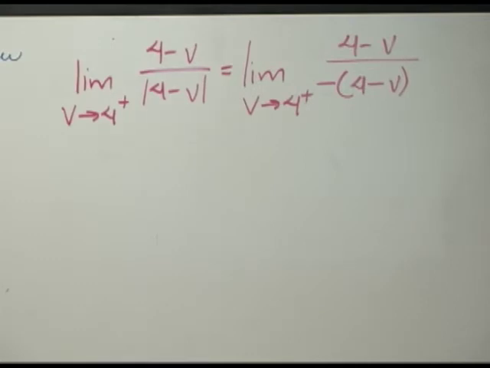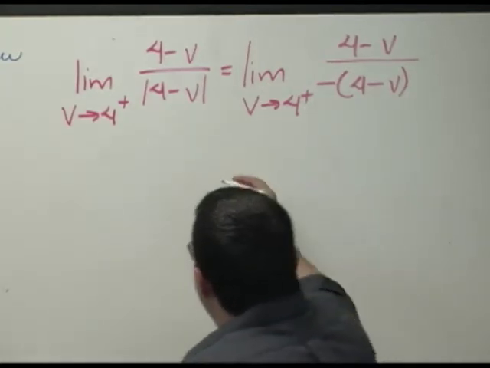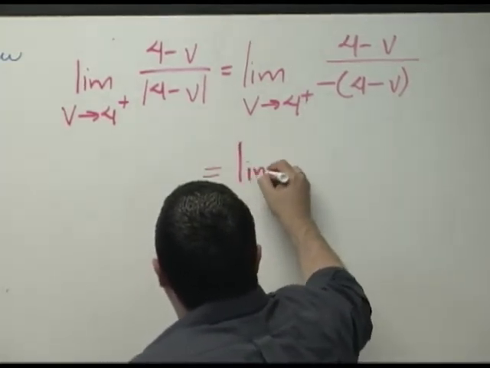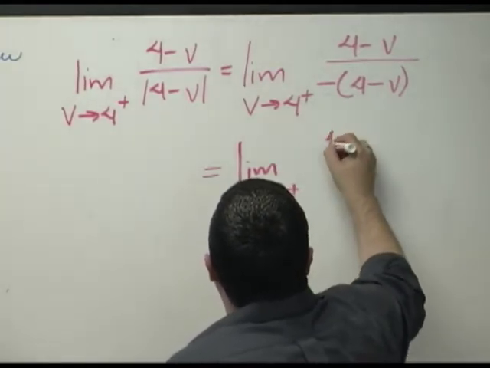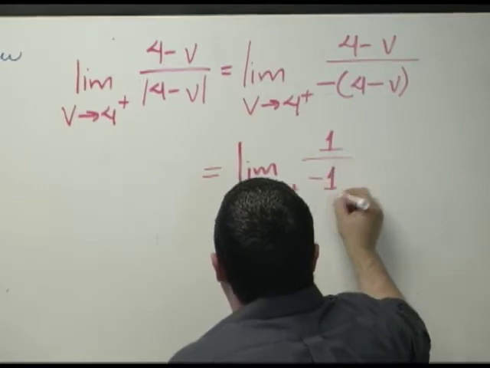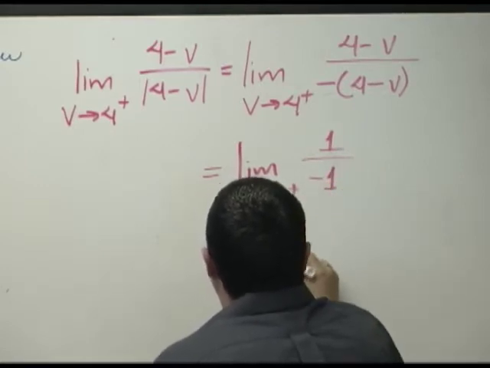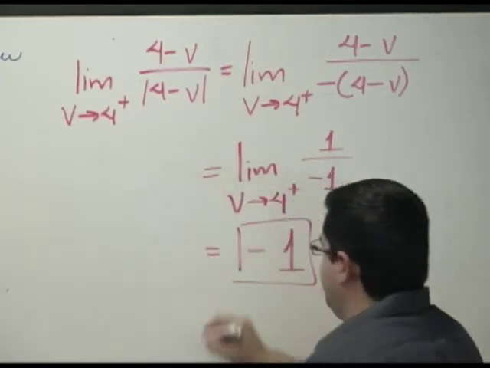Is that reducible? Can we reduce that expression? Yeah, it reduces down to negative 1. So this is equal to the limit as v goes to 4 from the right of 1 over negative 1, or simply negative 1.